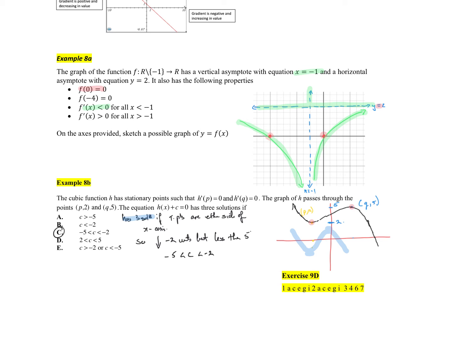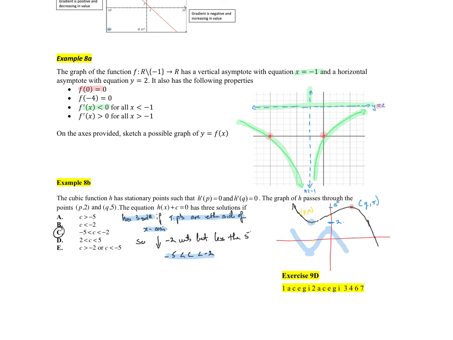I've got to shift the graph down at least -2 units, or slightly more than -2 units, to bring the left turning point below the axis, but I can't take it down more than 5 because I want the right turning point to stay above, which means I've got to take it down between -5 and -2.